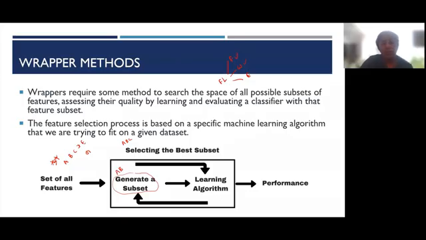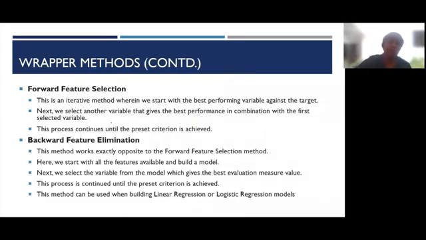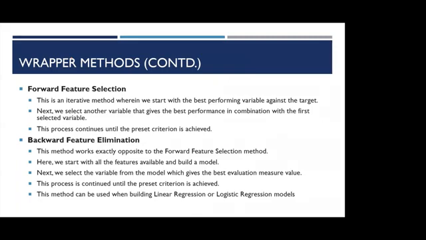So there are two ways to do it. Read this one. This is very easy. Forward feature selection and backward feature selection.